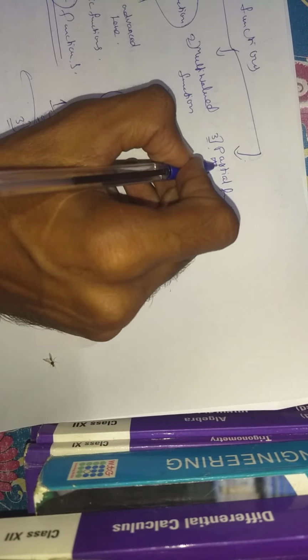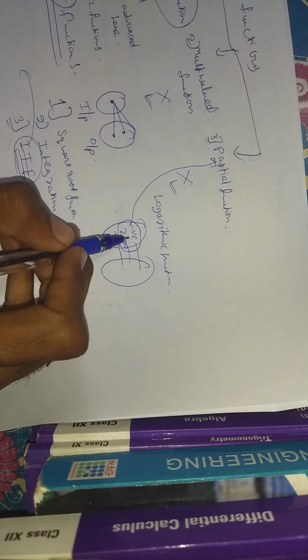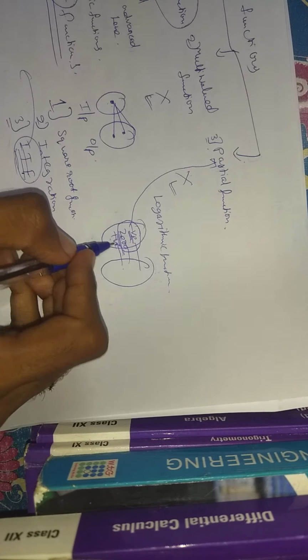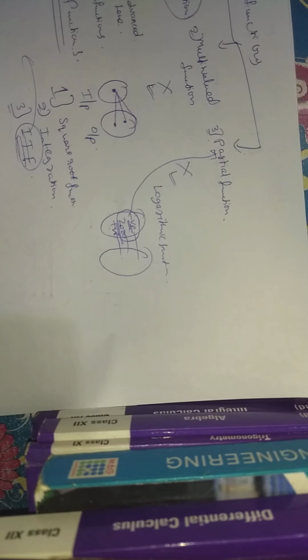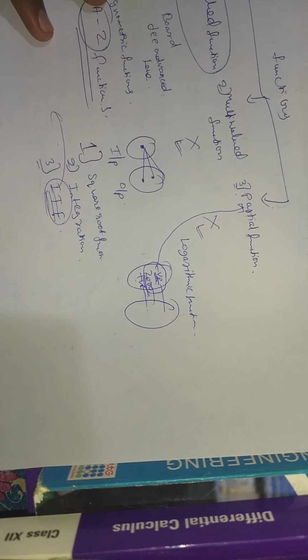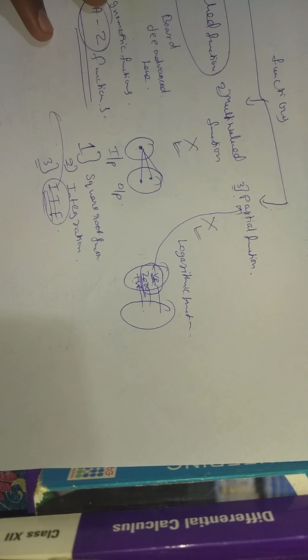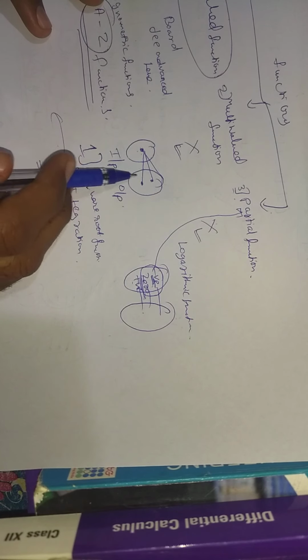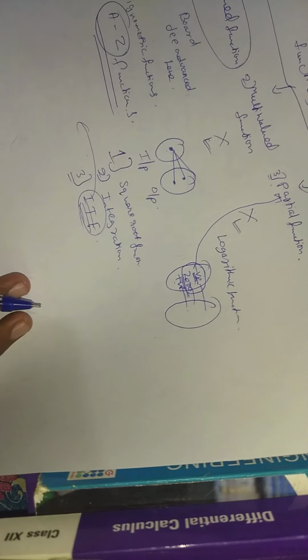That is why these are known as partial functions. I hope you have understood what multivalued and partial functions are. Multivalued means for one input it will give us multiple outputs.